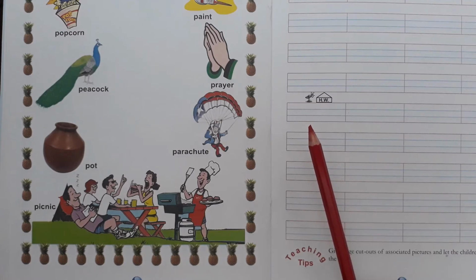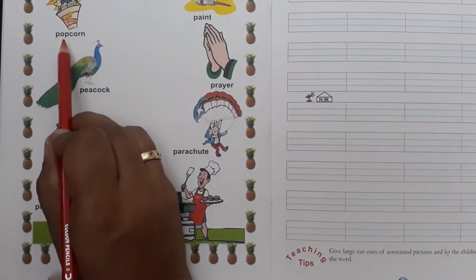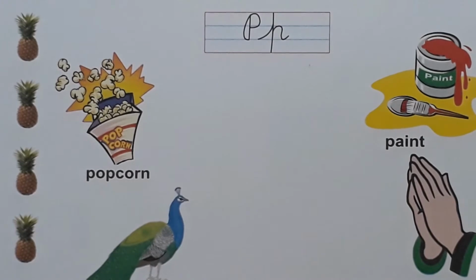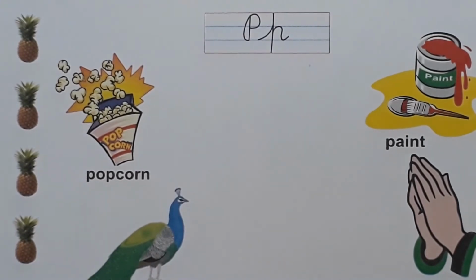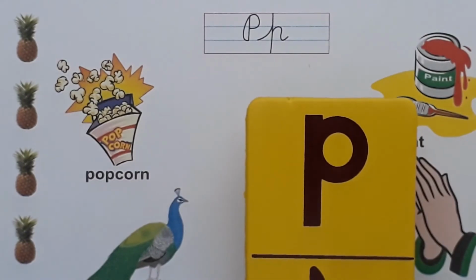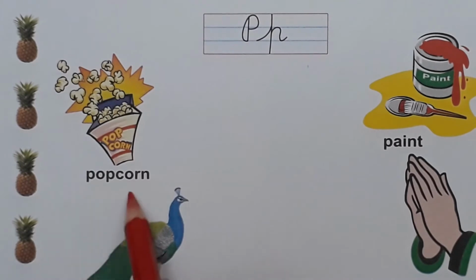So I have to look for letter P in these words. Okay, so let's go to the first picture, the first word. So I have to look for letter P, the lowercase letter P. So can you find it in this word popcorn over here?